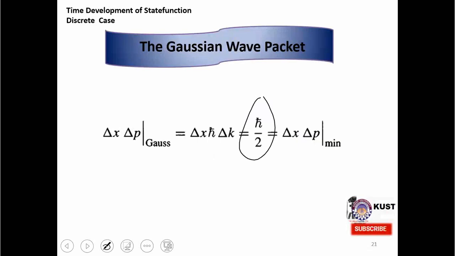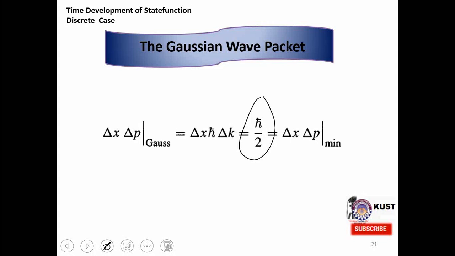So in this lecture we have seen the time development of a wave function in the continuous case, and we have assumed a system with a continuum of eigenvalues. There are so many eigenvalues, very close to each other, and we take a continuum of them, so we have to take integrals for the probability.